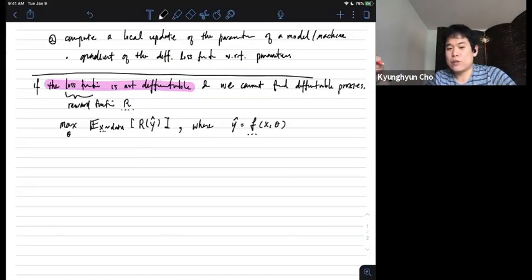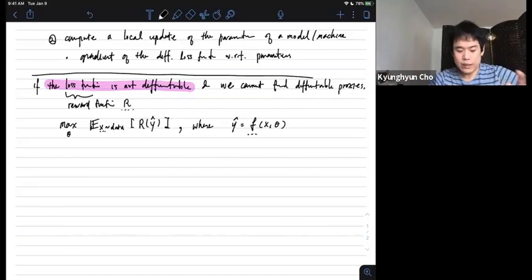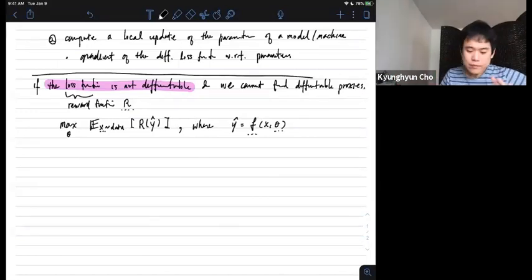Maybe F is just returning the cluster index or the cluster assignment for the input X given the parameters, which consist of the cluster centroids. So it can be anything. We're simply going to say that we have this F that is differentiable with respect to theta. That's what we need, right? Okay, so this is the problem that we want to solve.